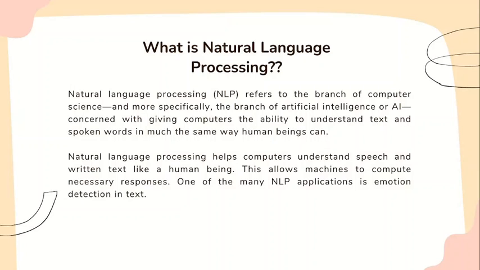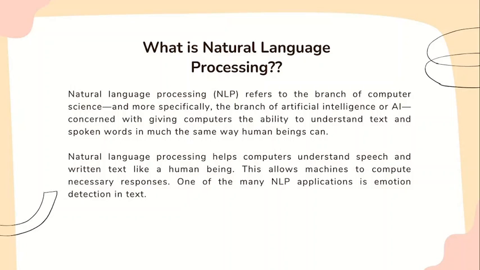In short, using natural language processing, computers can understand speech and written text like human beings. So it is a way in which we can communicate with the machines. One of the many applications of NLP, emotion detection in text, is the one.